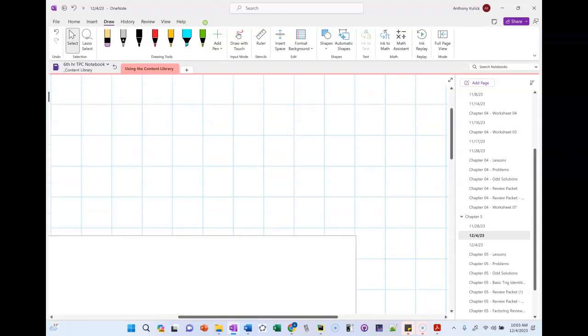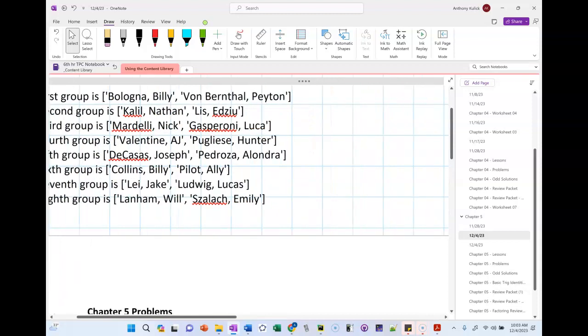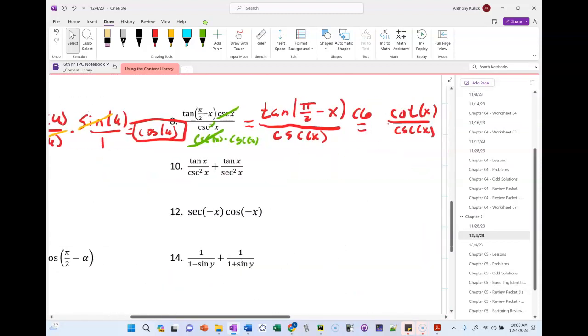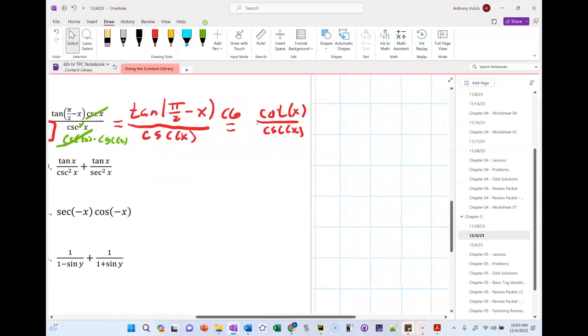All right, let's see. Who's next? Jacob and Lucas. Yeah, great. So they're going to use the identity Q2. And the reason they want to do that is they're going to rewrite the cotangent as what?